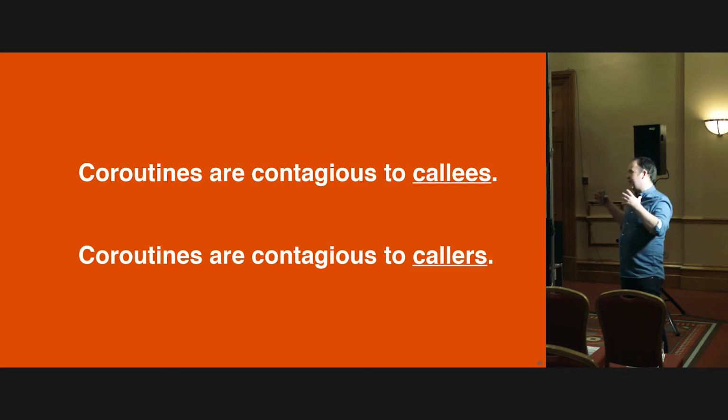Now, that isn't strictly true. As long as the things you're doing with regular functions are effectively almost instantaneous or fast enough that they're non-blocking, then you can call them. But you cannot afford to have any long-running behavior in regular functions. They have to be coroutines.